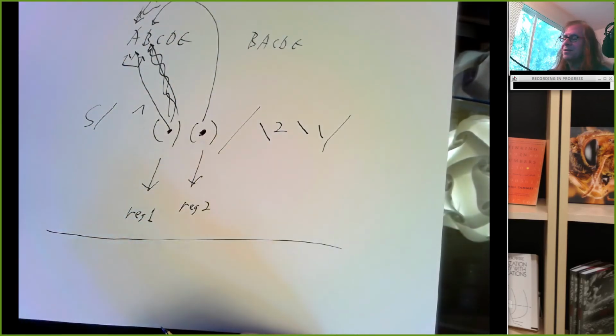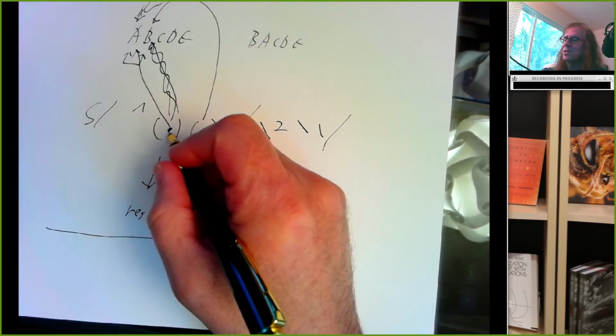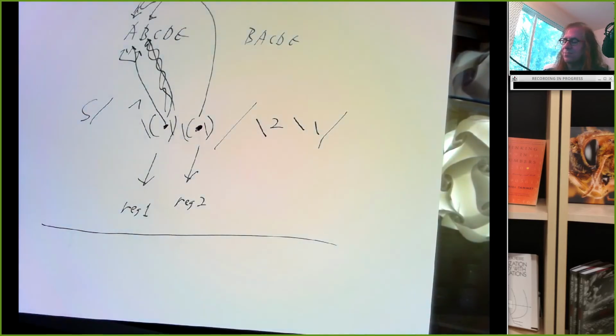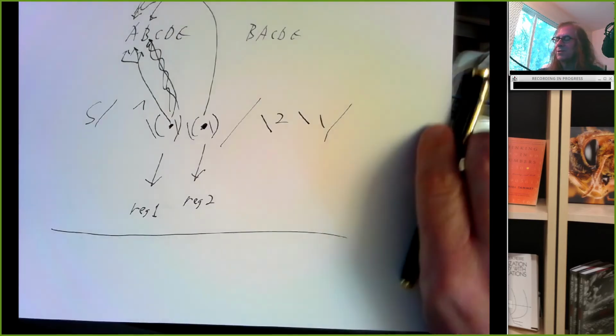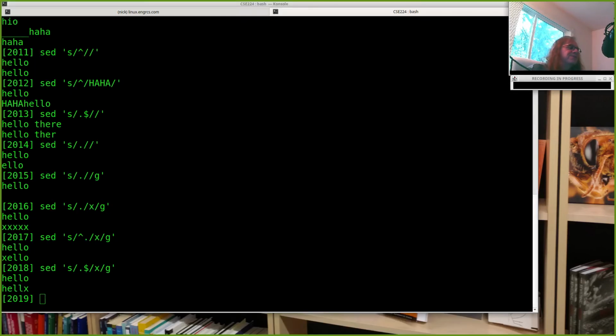So if we actually mean, don't look for a parenthesis, but take this thing and throw it into register 1, we have to put escapes around these parentheses, or in the beginning of the parentheses. So this will end up being our first of many regular expressions that are relatively easy to write and very painful to read.